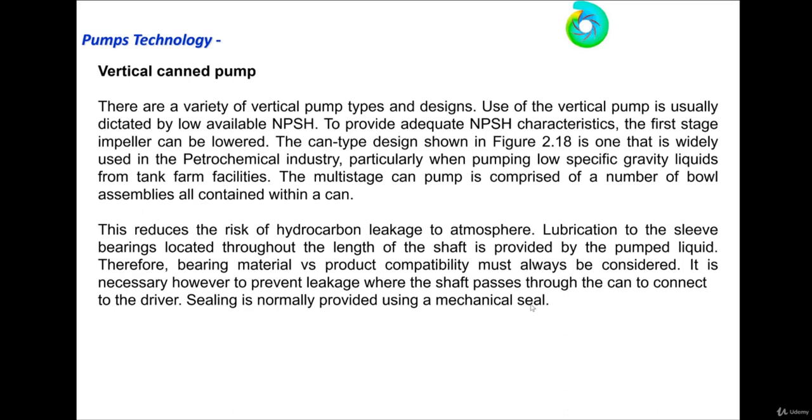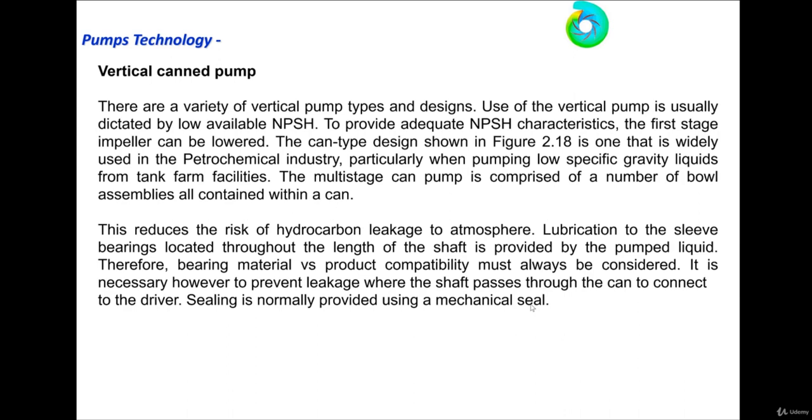So if the NPSH available, net positive suction head available, is very low, you have to make an artificial static head by using a vertical pump. This is the first reason. The second reason for using a vertical pump is an application like the sump.